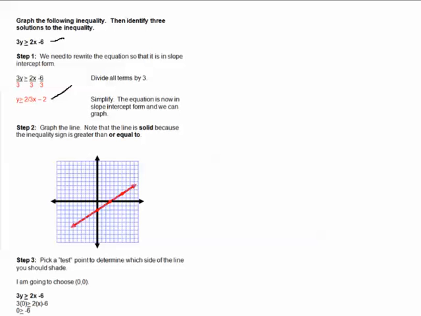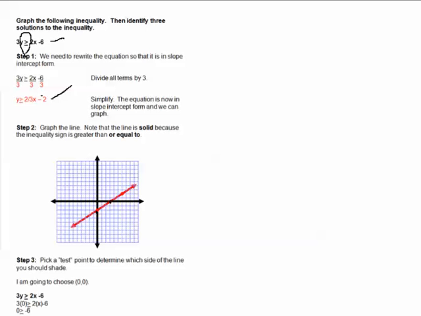Well, I know by graphing lines, I'm going to start at -2, coming down from my graph to point -2. Put a point right there. My slope is 2 over 3. That means I go up 2 and over 3, put a point. Connect the 2 points. Am I going to connect them with a solid line or a dashed line? Look right here. I see greater than or equal to. That means it's going to be a solid line. So I just draw a solid line there, just like that.